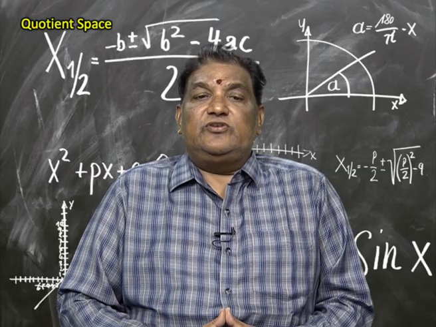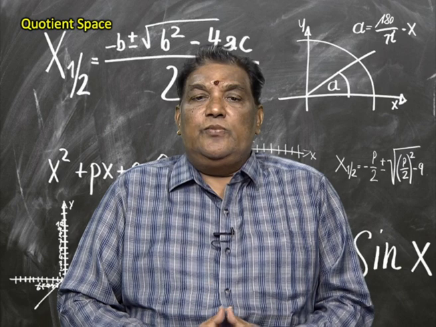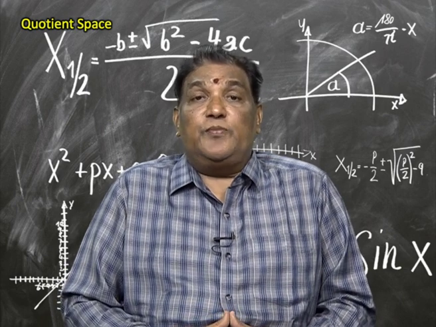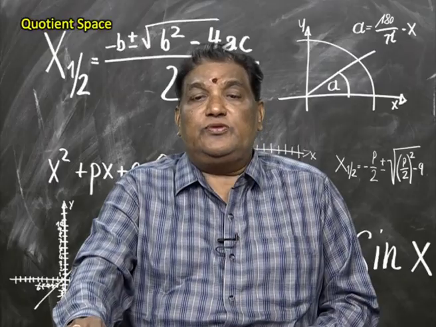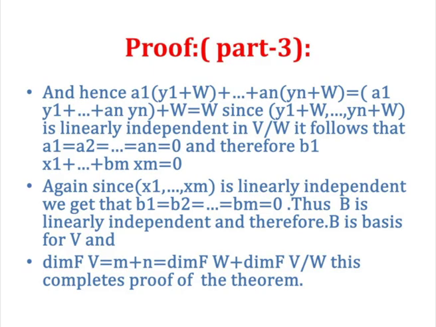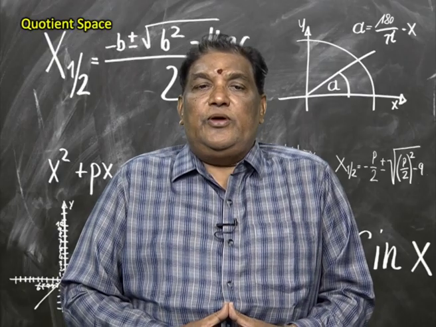That is, a1y1 + so on anyn equal to, transposing LHS to RHS, minus b1x1 plus so on minus bmxm. Hence a1(y1 + W) + so on + an(yn + W) equal to (a1y1 + a2y2 etcetera anyn) + W, that equal to W, since y1 + W, so on yn + W is linearly independent in V/W. It follows that a1 equal to a2 equal to so on an equal to 0. Therefore, b1x1 + so on bmxm equal to 0.